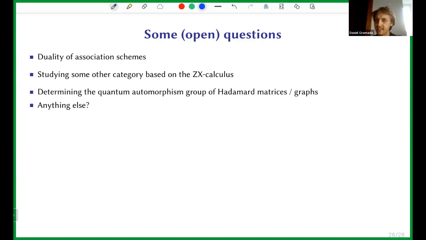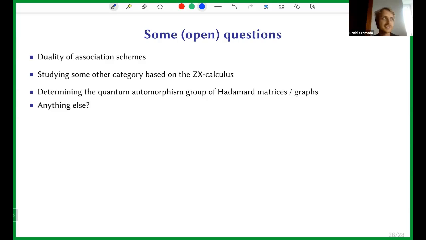But then I opened the textbook Picturing Quantum Processes from Bob Coecke and Aleks Kissinger, and I noticed that they exactly study this category that I discovered, and that it is related to Hadamard matrices.